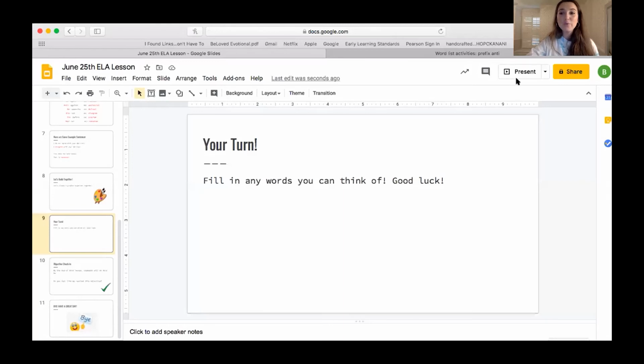So go ahead and pause this now and take this chance to do that. All right, hopefully you guys have put some more examples in your graphic organizers, and I hope that that will be helpful for you as you continue reading and learning.